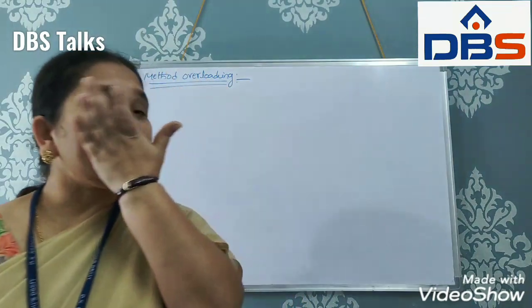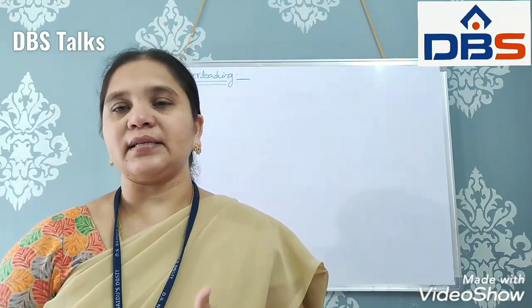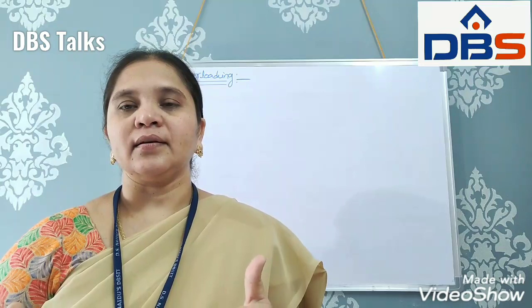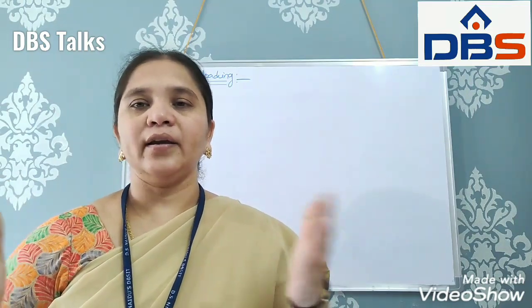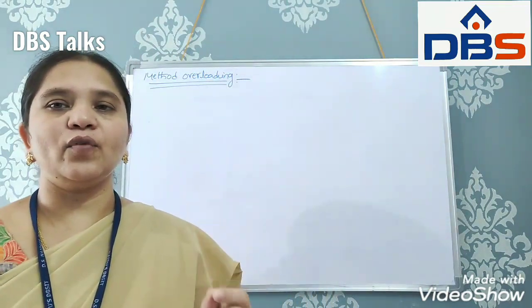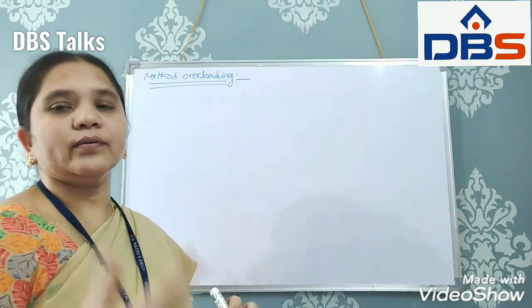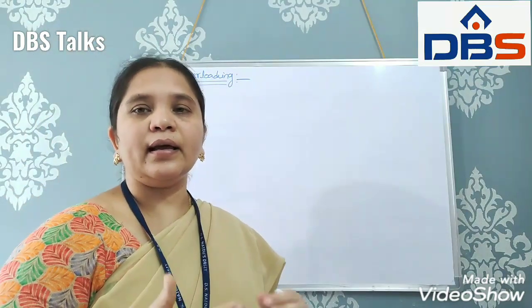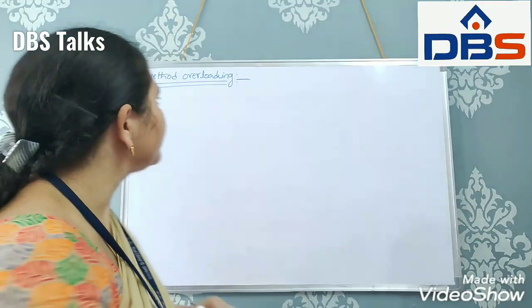Methods are said to be overloaded when many methods in a class have the same name and different signatures. That is called method overloading. We are going to learn this method overloading with an example so that it will be easily understood by you.